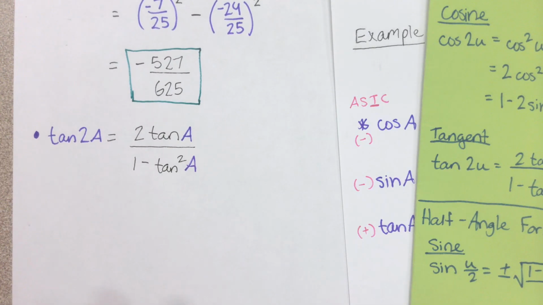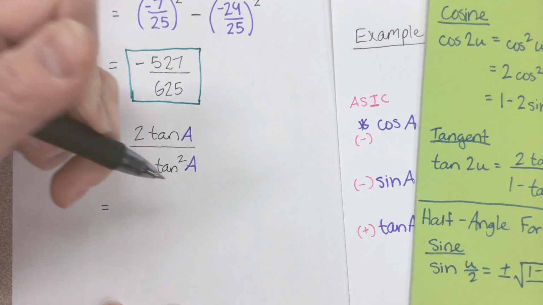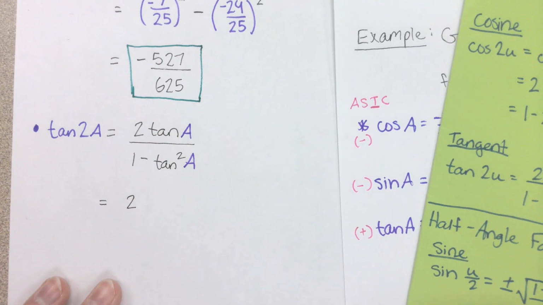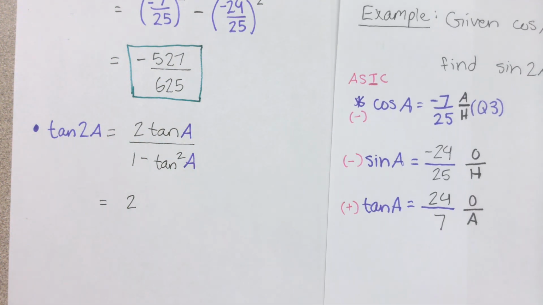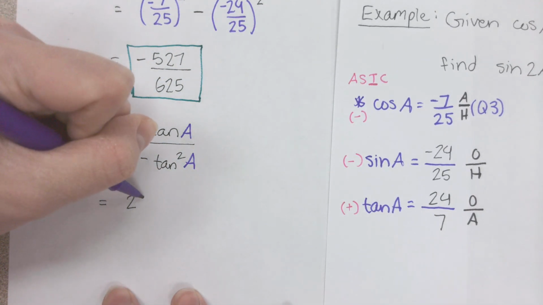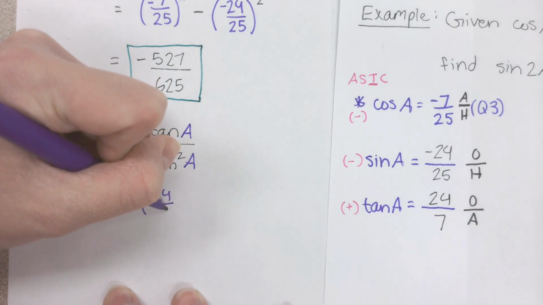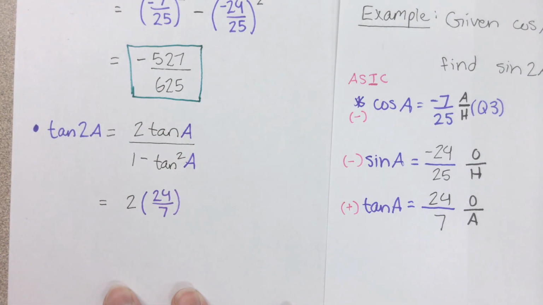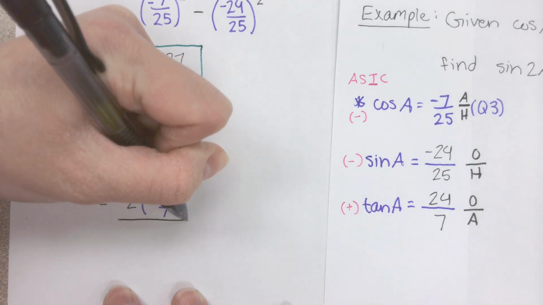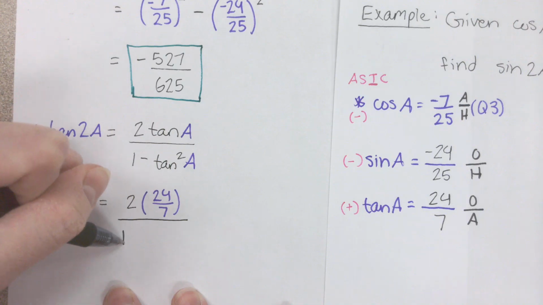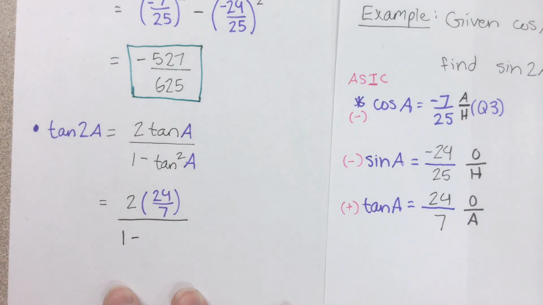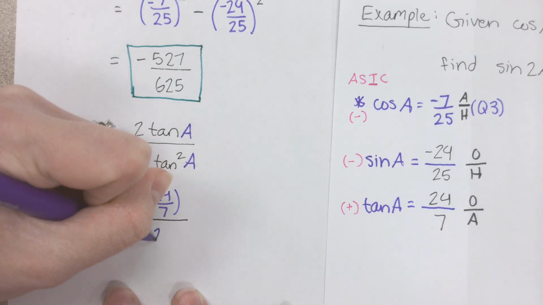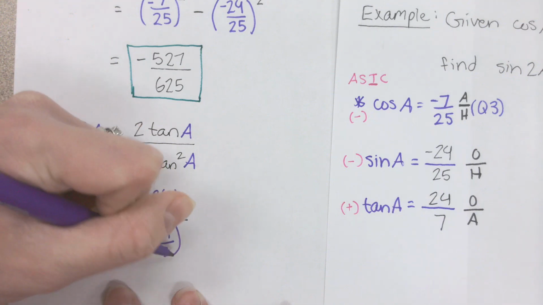Bless you. So we have 2, and then tangent of a is 24 over 7, over 1 minus tangent squared, so 24 over 7 squared.